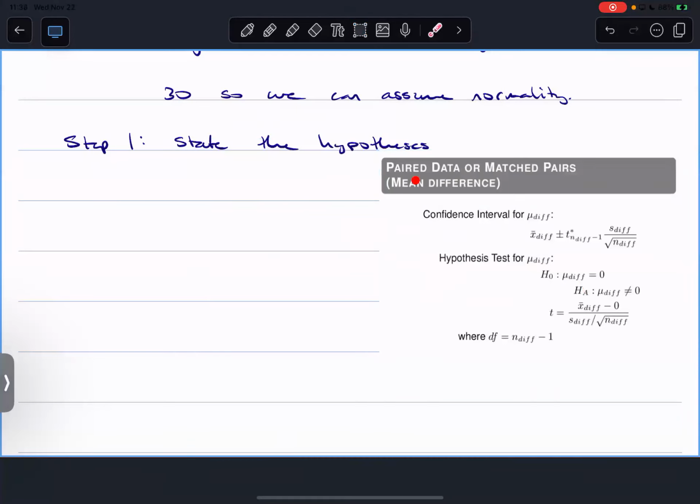As soon as you figure out that you have paired data, you don't have to think about your null hypothesis so much. Mu diff is 0. Our alternative hypothesis, just like always, has to be about mu diff and how it relates to 0. So I'll write out those components, and then I just have to read the question to make sure I have the right sign for my alternative hypothesis.